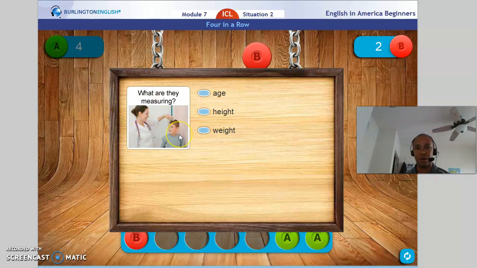If you're a child, every time you go to the clinic to see the doctor, some of the things that they will do is they will measure your age. No. Height or weight? Height. The answer is height. Weight is referred to in pounds, and height is in inches or feet.